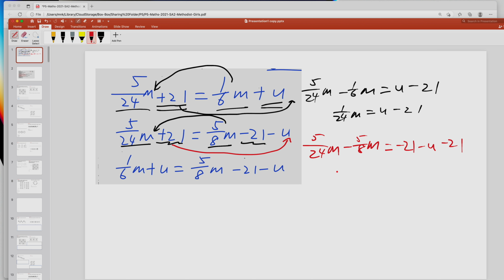So therefore this one, if you use your calculator, you will get minus, can you help me out with this? What do you get?